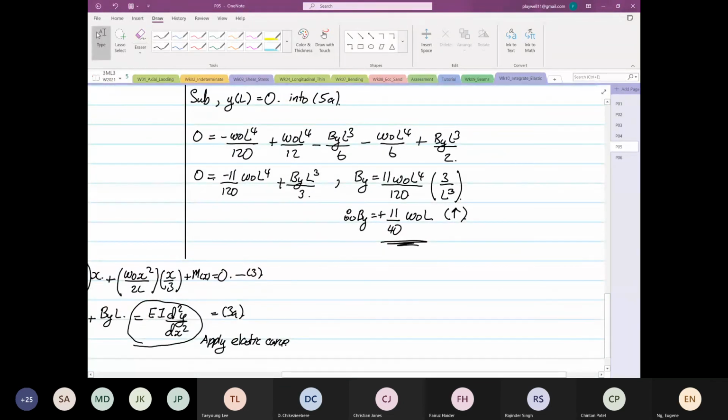So let me tell you what's the commonality. Can you remember when we were doing axial loading, when it's statically indeterminate, what did we do? We use displacement, we use elastic deformation, yes or no? We let it stretch and then we push it back. So we apply deformation.